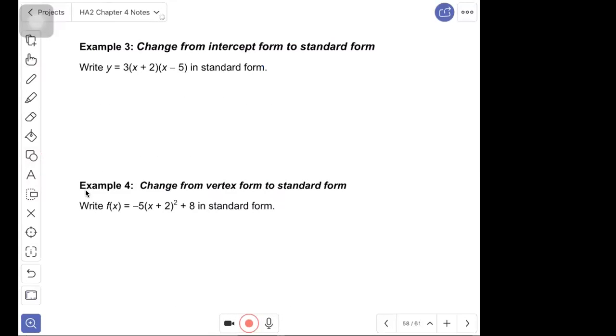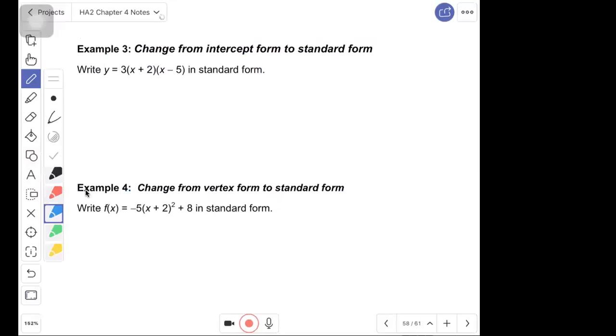Standard form is just y equals ax squared plus bx plus c. We could do that by foiling. We could FOIL those binomials and then multiply in that 3. When we FOIL that binomial, we'd get x squared minus 5x plus 2x minus 10.